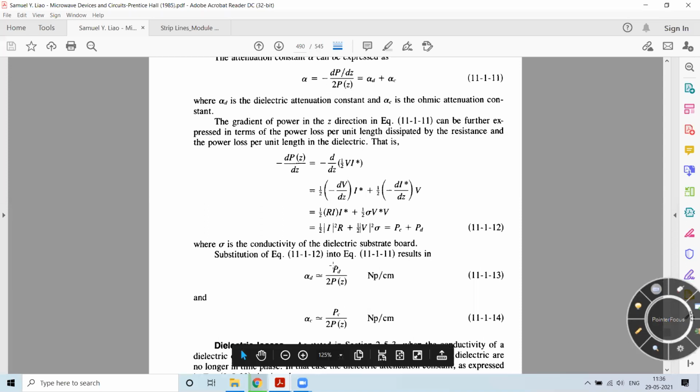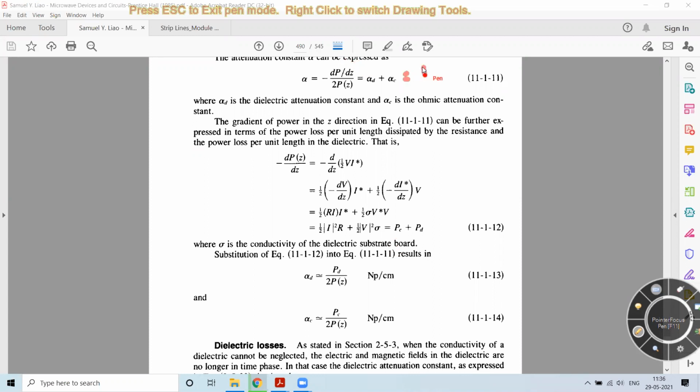The denominator is common, so I'll be having Pc by 2 times P of z plus Pd by 2 times P of z.